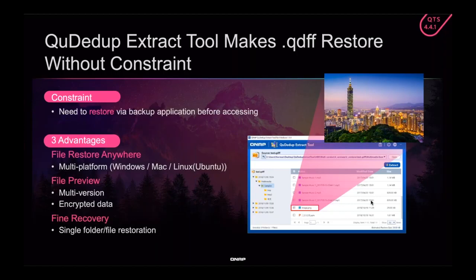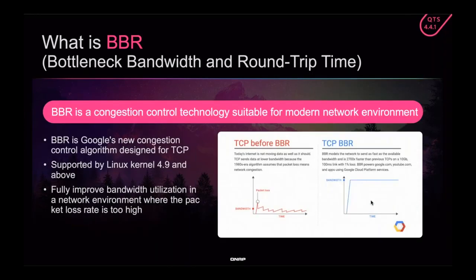So having our deduplication before we send the backup through the network and internet already makes the backup happen faster. But to make the backup happen even faster than that, we now support TCP BBR. Now, I've already discussed TCP BBR in another webinar, so I won't get into too much detail, but basically it's a network protocol that allows you to make better use of the internet bandwidth that you have.